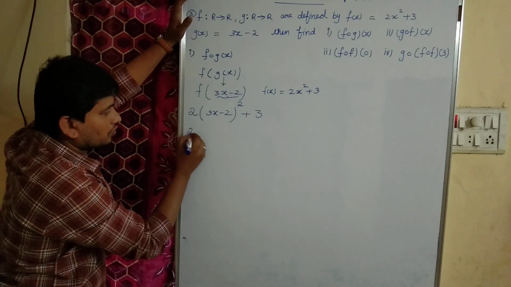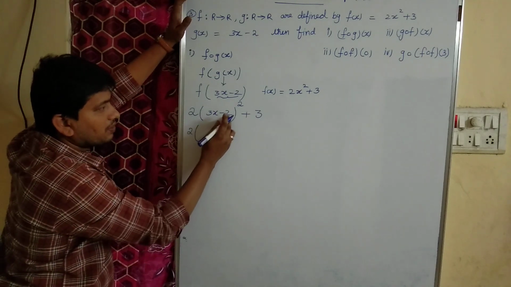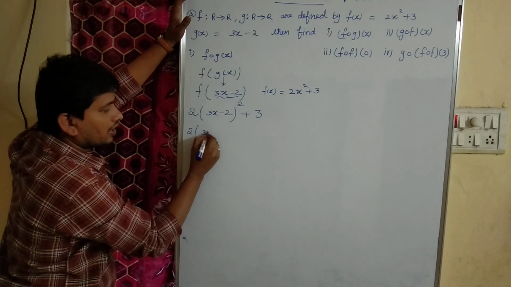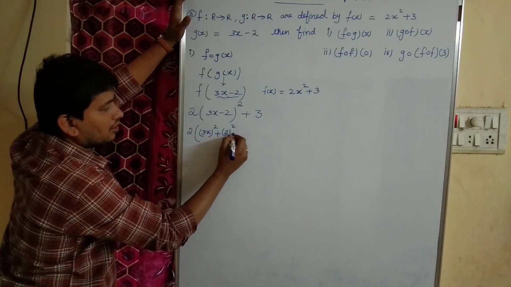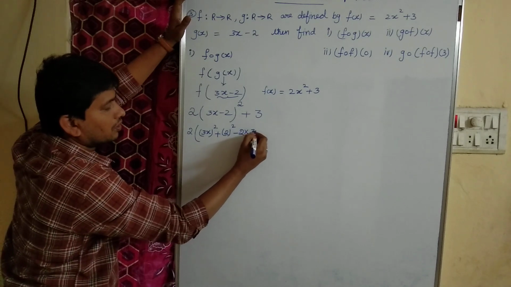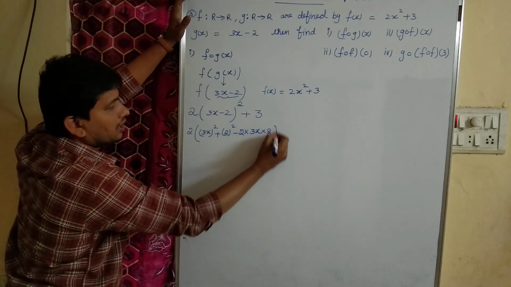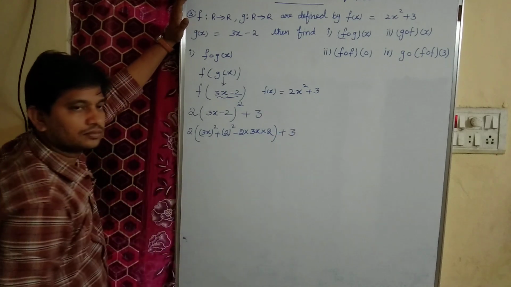Okay? Now 2 into a minus b whole square: a square plus b square minus 2 into a into b, plus 3.